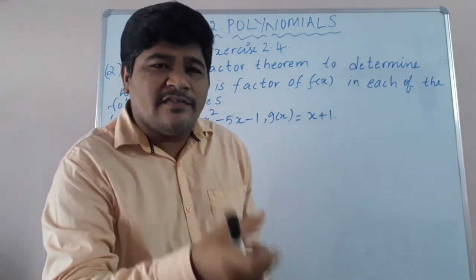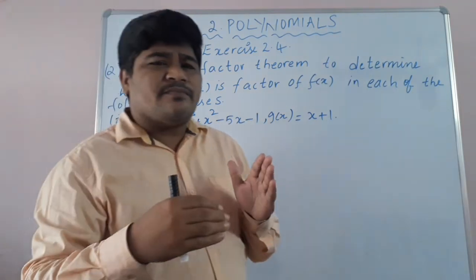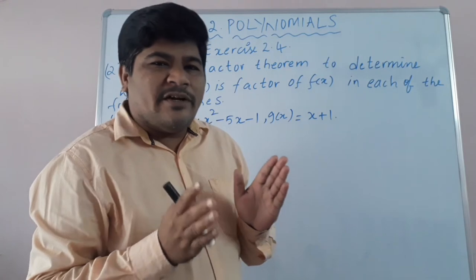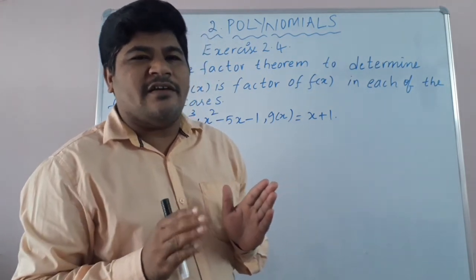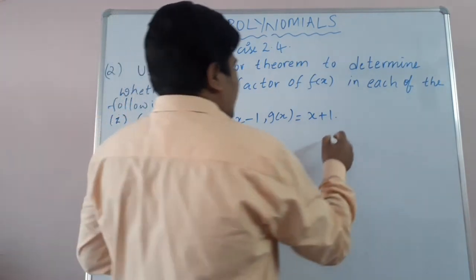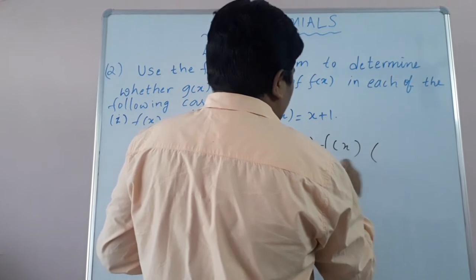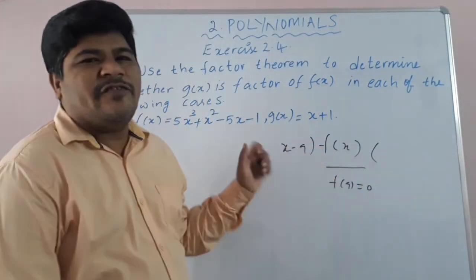Means if we get remainder as 0, then whatever we are using for division, that particular divisor is called a factor. So children, f of x is here, x minus a is here. If the remainder f of a is equal to 0, then x minus a is a factor.